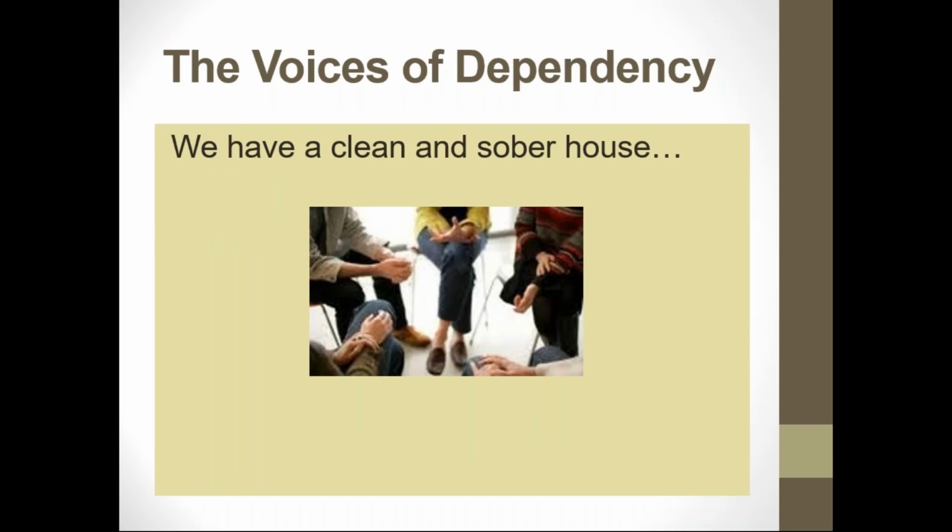We have a clean and sober house. This is very typical chemical dependency language. If I do a literal translation of the word clean in this sentence, meaning like I cleaned my house today, like I mopped and I vacuumed, obviously this is not going to work because the word clean here means something else.